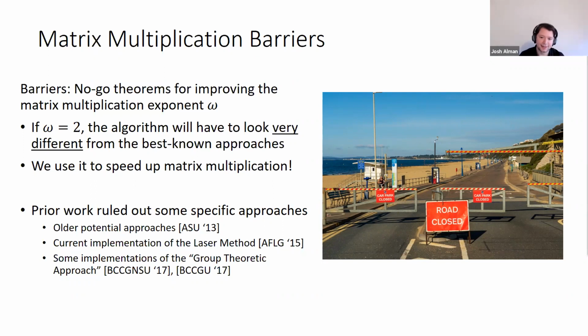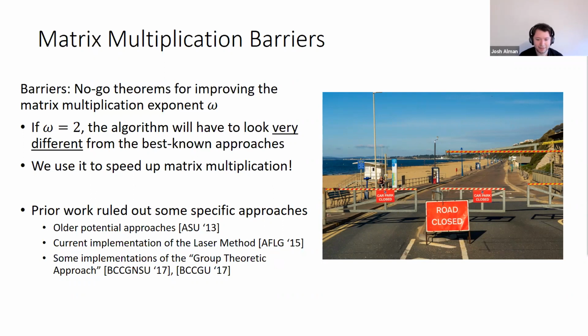Like there's this nice paper by Alman, Sipelka, and Umans about ruling out a particular conjecture in Coppersmith-Winograd's original paper that could imply omega is equal to 2. There was a nice work by Ambainis, Filmus, and Le Gall that ruled out the current implementation of the laser method. So the exact laser method we have now can't prove omega is equal to 2 without some really big changes to it.